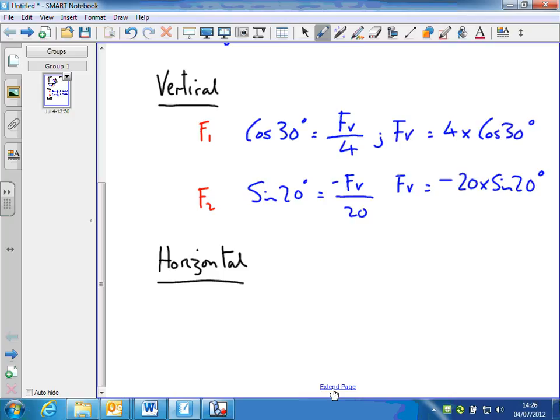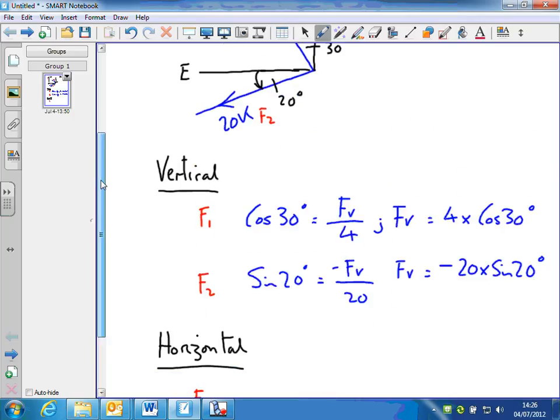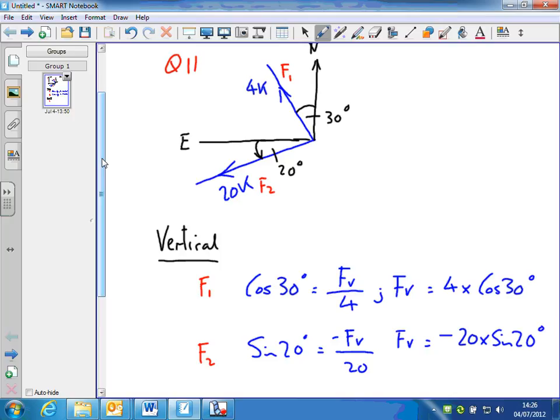Again, F1. So if we look at F1, the horizontal component of the force is the force acting in this direction. So if we take that as our positive by convention, now we're after forming this right angle triangle here, and we're after the length of this side, which is going to be the opposite side. If this angle here is measured as 30, because this is angle 30, so is that, then we can find it as the opposite.